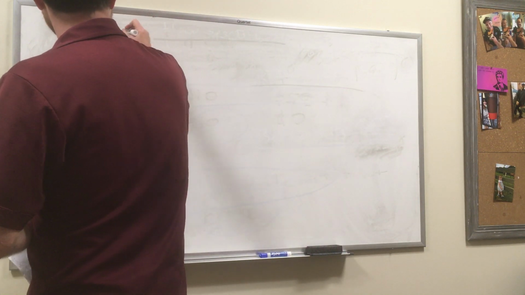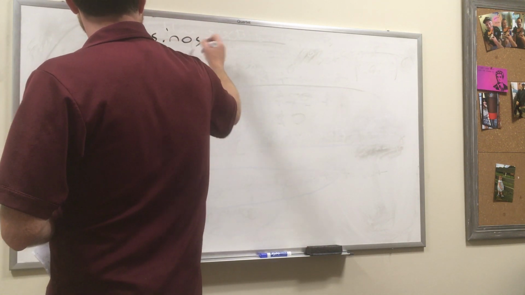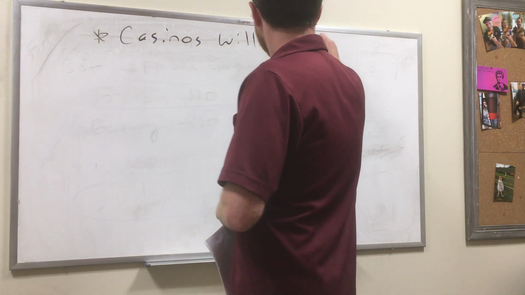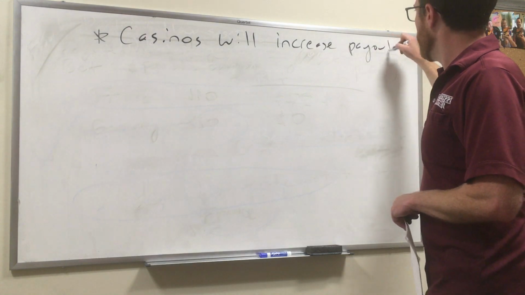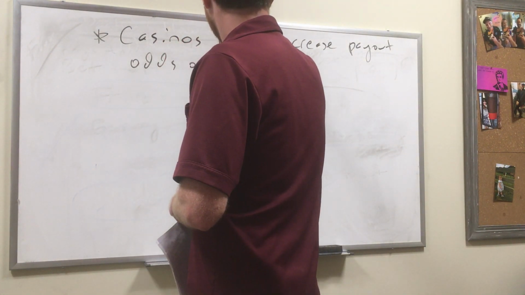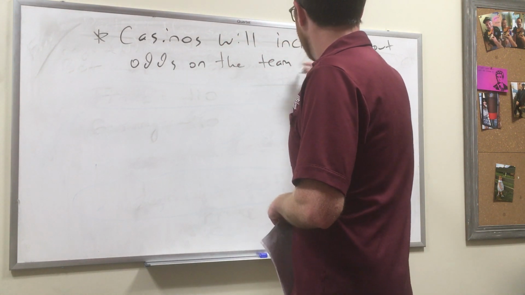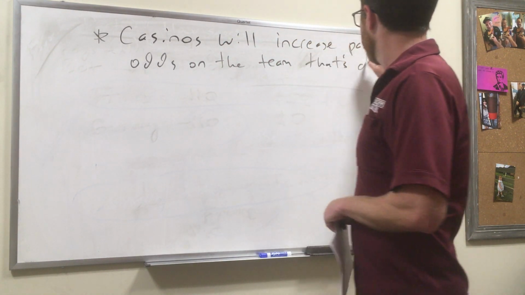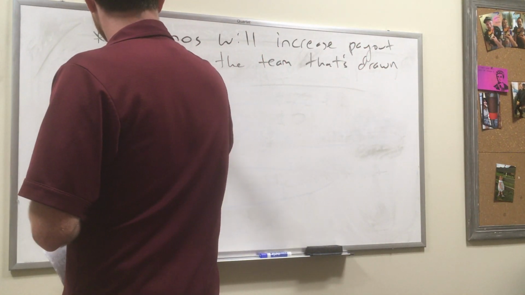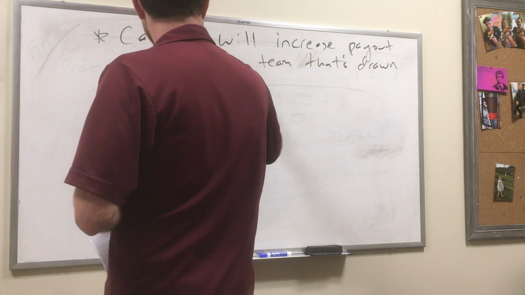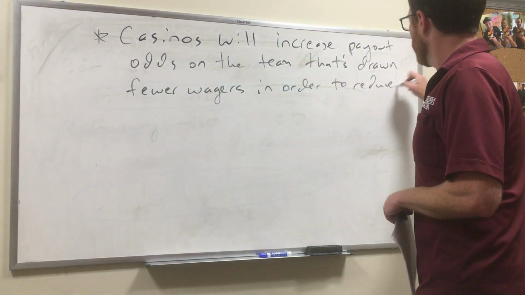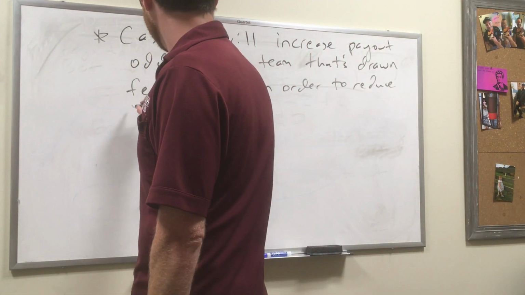So to summarize what we just saw there, the casinos and sportsbooks will increase the payout odds on the team that's drawn fewer wagers in order to reduce variance or volatility.